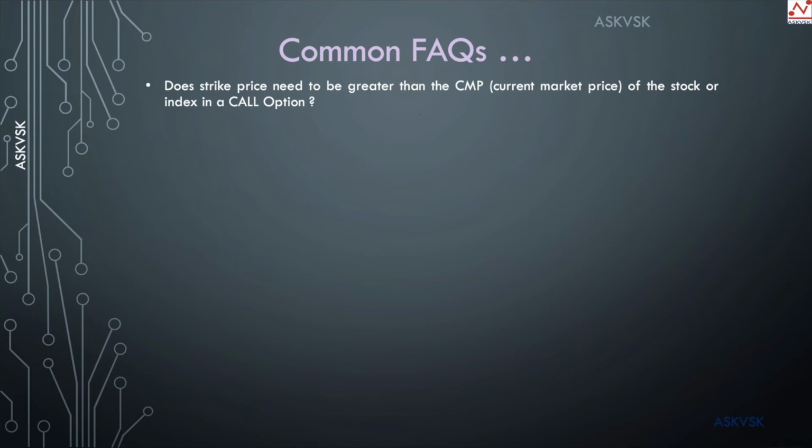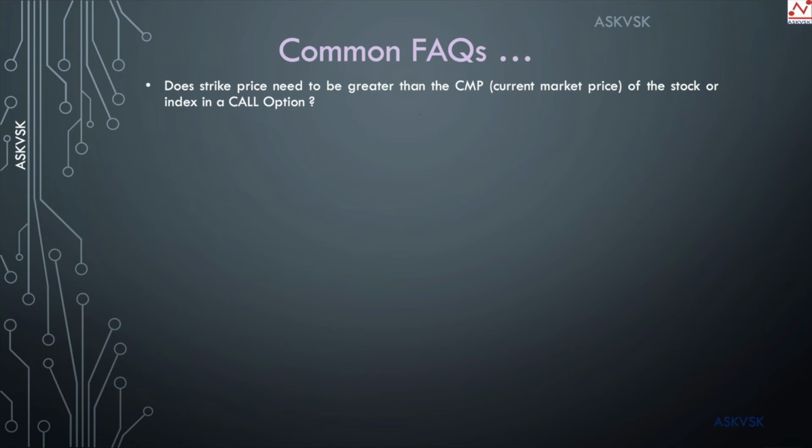And why do you think the premium is higher? Because the probability of you selling the Reliance stock at the price which is lesser than the current market price is already reached, right? So today it is 2000 and you want to sell the stock by the end of the month at say suppose 1900, which means it has already crossed 1900.